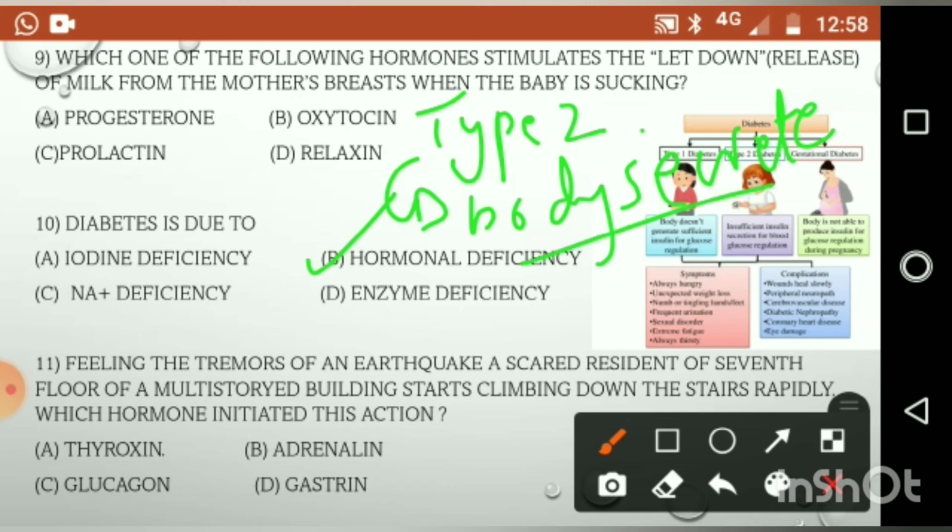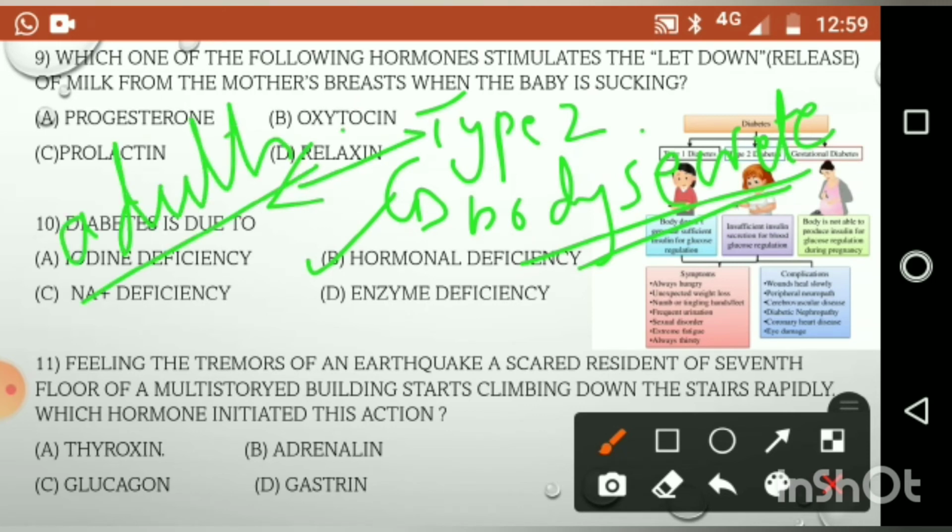So the body does its work of secreting insulin. It secretes enough insulin, but the blood glucose level is high itself. Such a kind of disorder is called type 2 diabetes, and it is mostly found in adults.